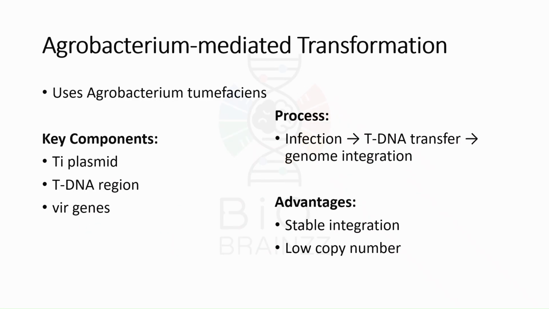The agrobacterium method uses Agrobacterium tumefaciens, which naturally transfers DNA into plants. It contains a TI plasmid, which has a tDNA region that gets inserted into the plant genome. VIR genes help in this transfer process.